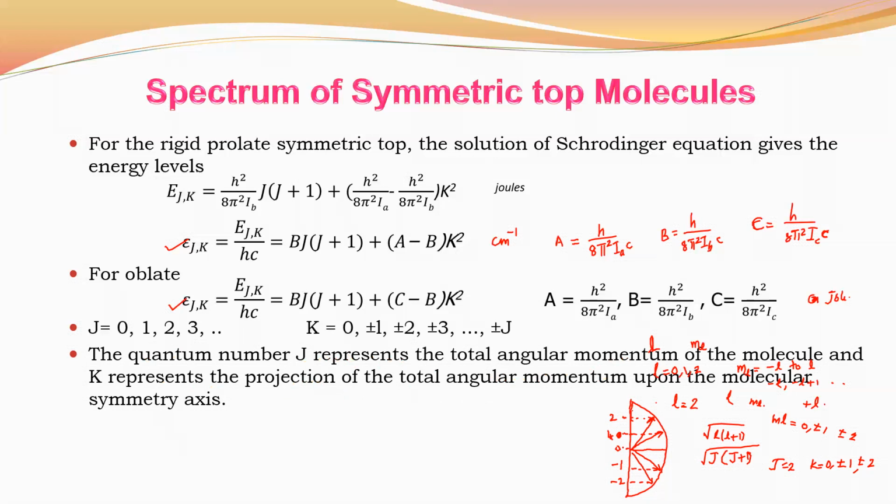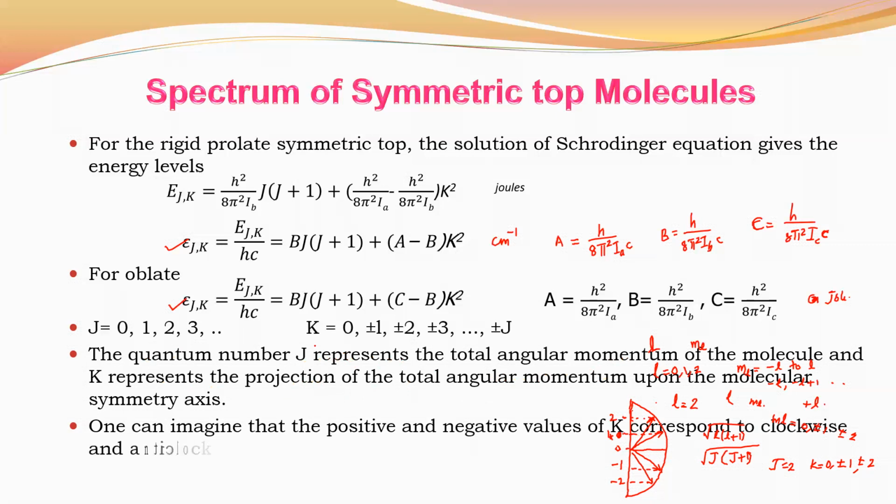Here, this is the total angular momentum, and this quantity is the projection. The positive and negative values correspond to clockwise and anti-clockwise rotation about the top axis.